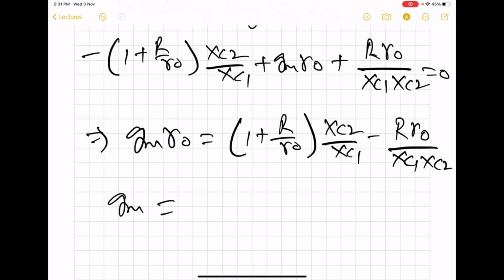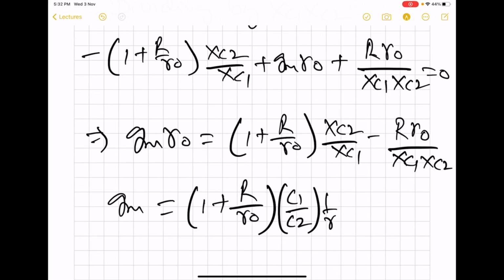which is going to be 1 plus R by R naught, C1 by C2, into 1 by R naught minus R into C1 C2 and omega square.